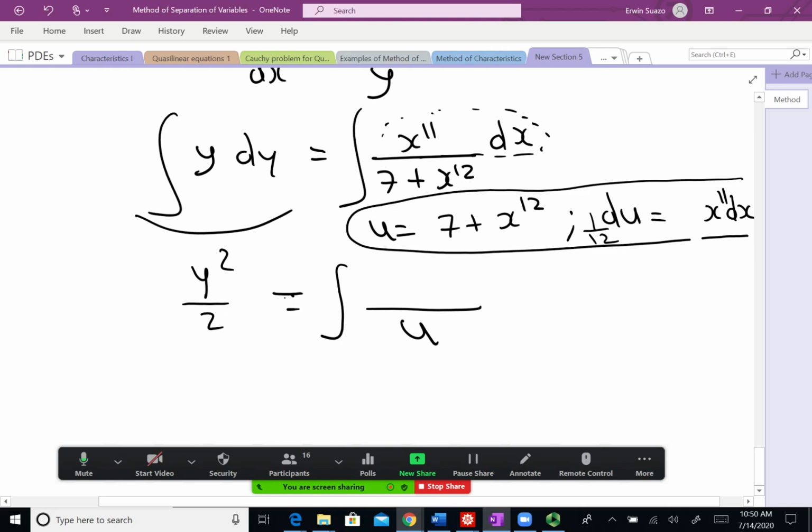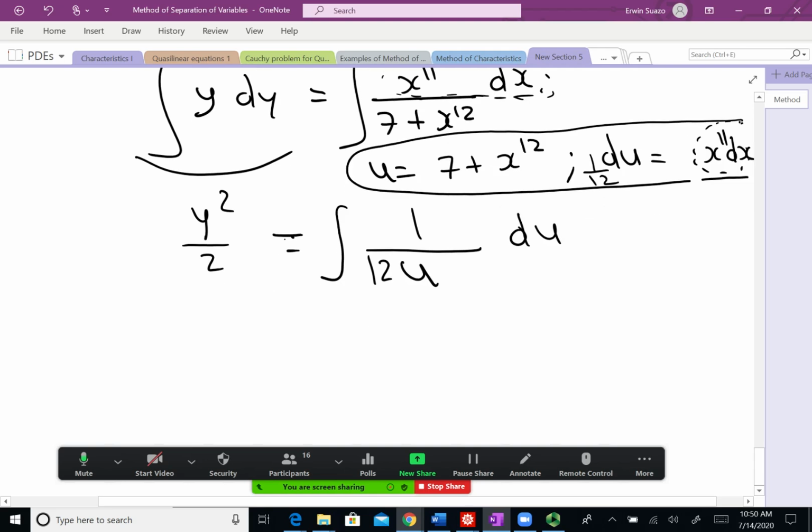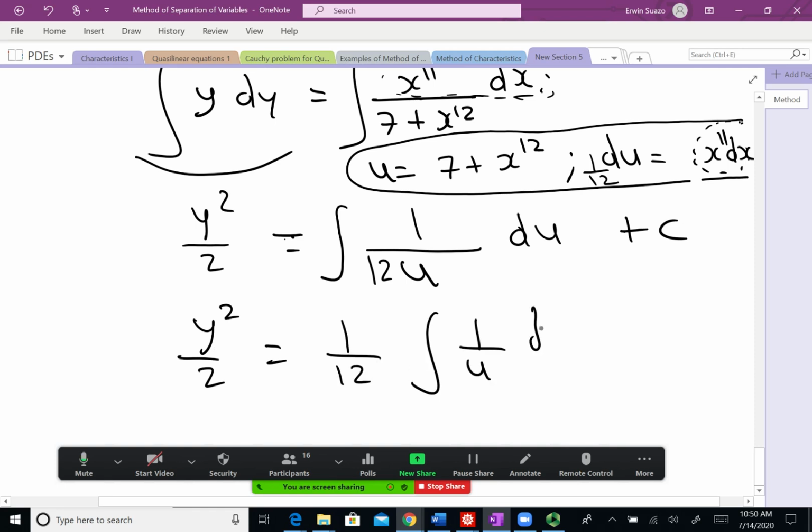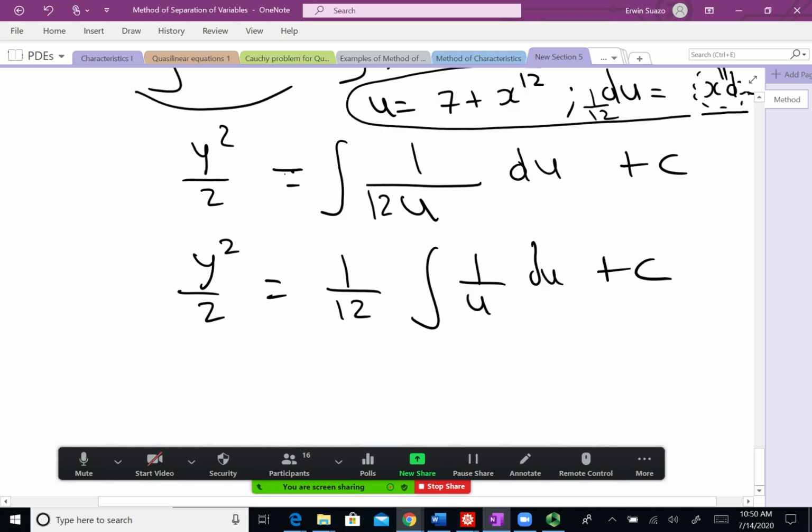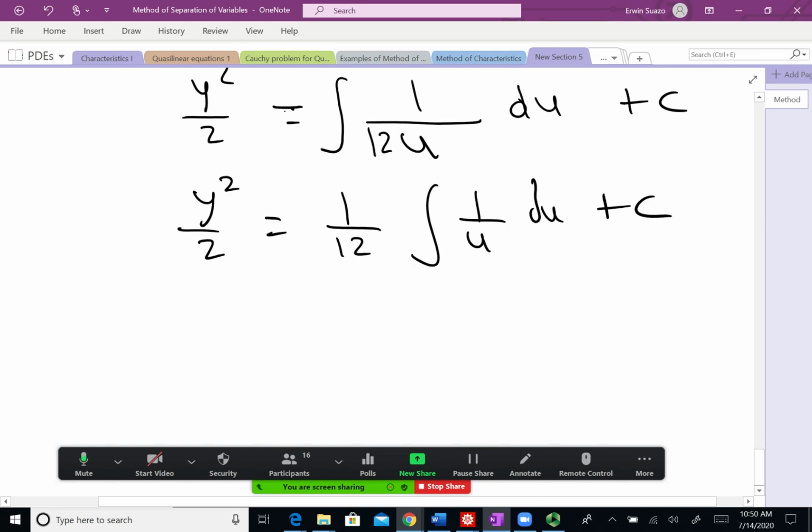So that will be du over 12, right? So instead of writing x to the 11 dx, I write 1 over 12 du. So that's what I did. So now I take the 1 over 12 outside and then plus c. I take 1 over 12 outside and I get 1 over u du plus c. So what is the integral of 1 over u?